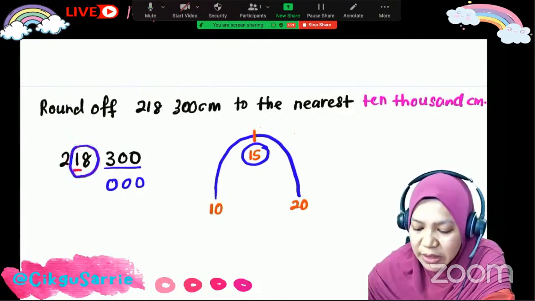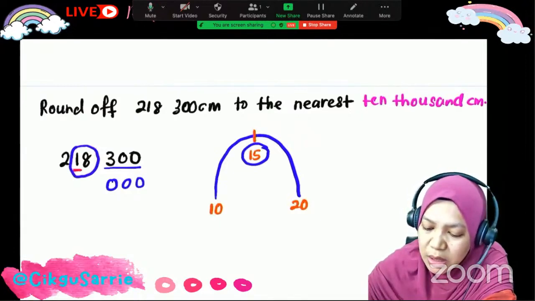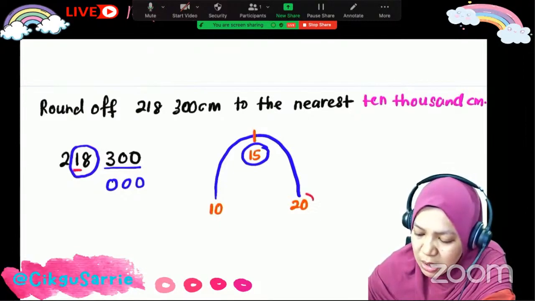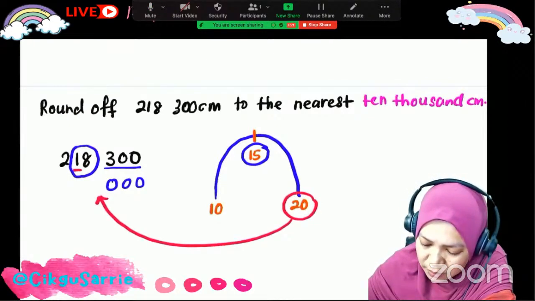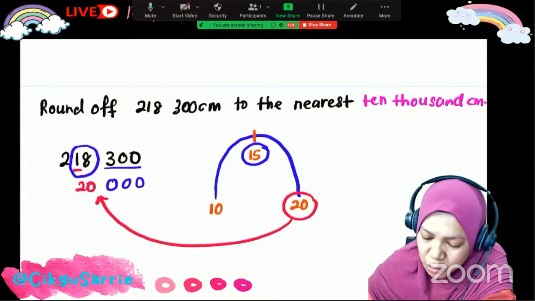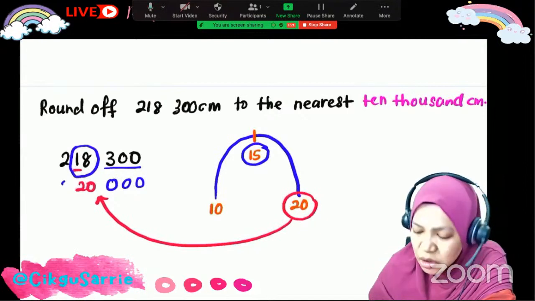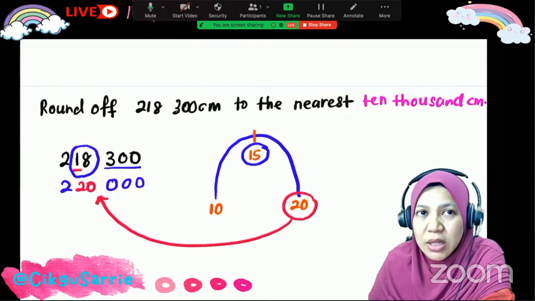So if the number circled here is 15 or more, we will take this 20 to replace 18. And how about the 2 in front? That one we just rewrite. So 218,300 after rounding off will be 220,000.